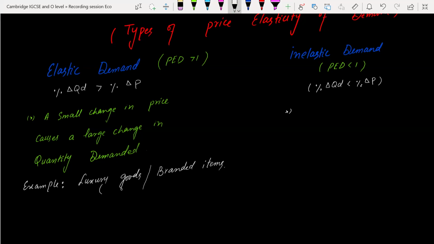We can explain here: a change in price causes a smaller change in quantity demand.